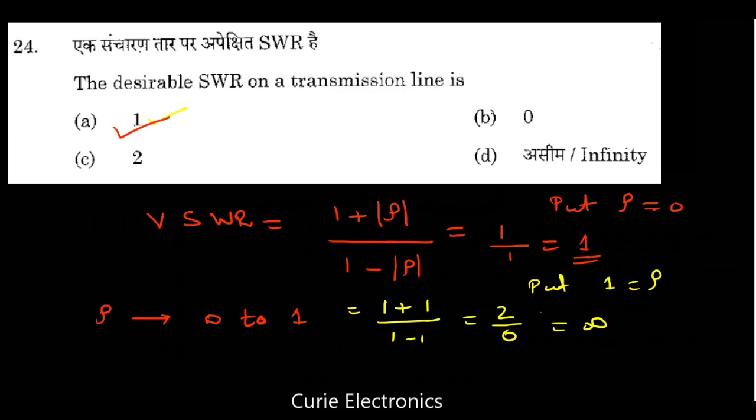That means when the reflection coefficient varies from 0 to 1, the VSWR or SWR value varies from 1 to infinity. So the desirable value is 1. We don't want any reflection. Whatever the transmitted signal, it should go to the load. So this is the equation.